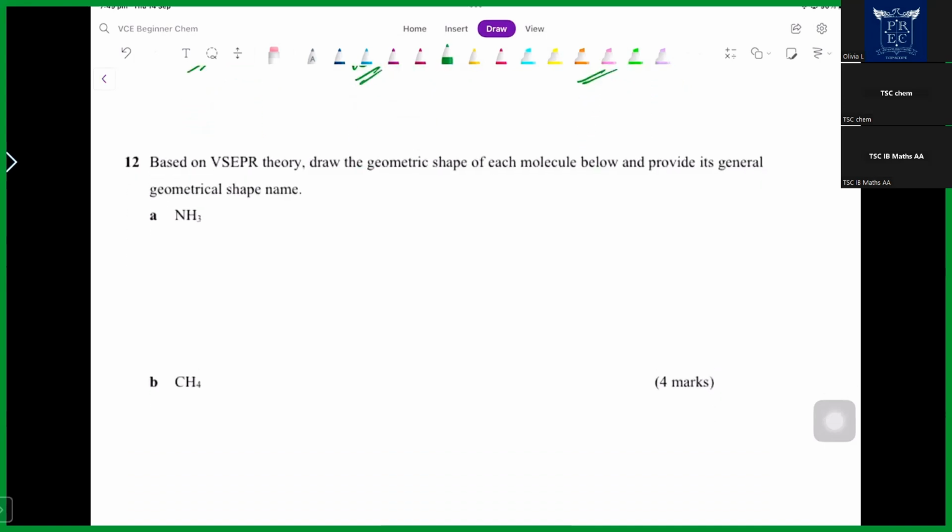Okay, right. VSEPR theory, valence shell electron pair repulsion. So draw the geometrical shape. Ammonia has a lone pair, so you need to consider the lone pair. And then for us to be able to draw, same level as this, you will have a 1H and 1H. Okay, so it will be like this.